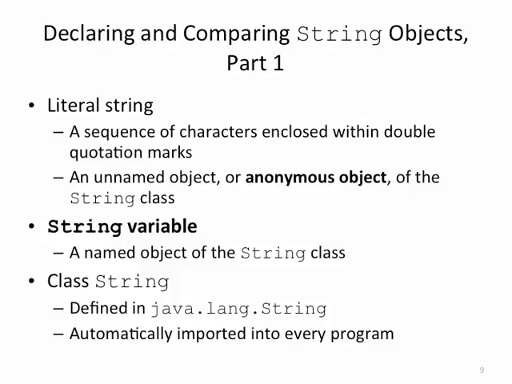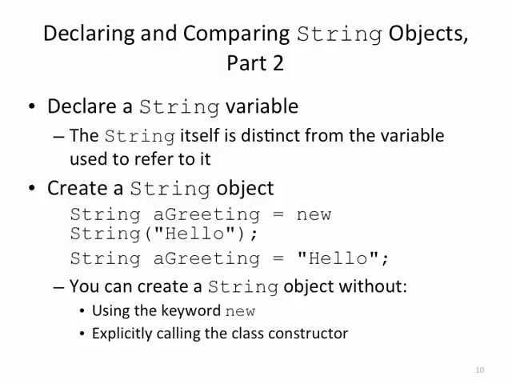I'm just throwing it out there for those who might want to learn more about programming and explore more later. A string variable is what we're going to be using quite a bit, and it's creating a variable of the string class, or a string object. The class String is defined as part of the standard java.lang library, and it's automatically imported into every program. To declare a string variable, we use the word String with an uppercase S followed by a variable name.